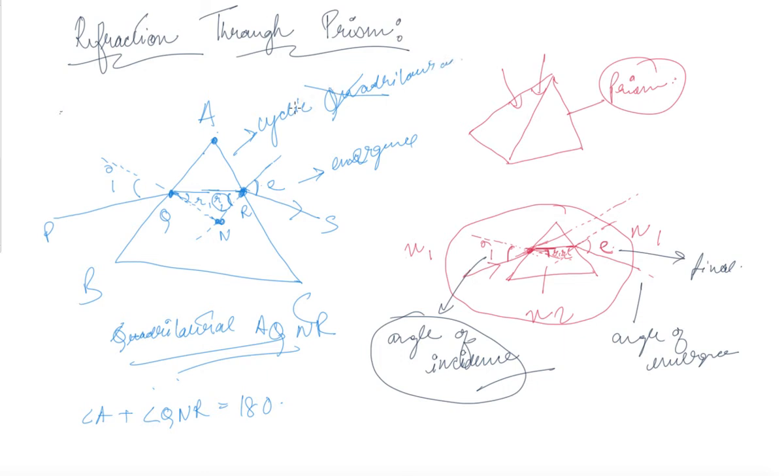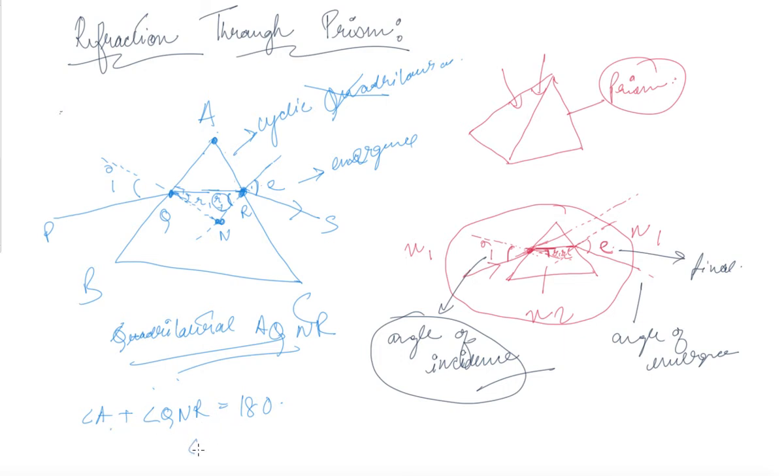If you ask me why, angle AQN, because we are drawing a normal to this line AB, is 90 degree. Similarly, the opposite side, angle ARN, we are drawing a normal, this is also 90 degree. So if this and this is 90 degree, then the opposite angles should also sum to 180 degrees. So angle A plus QNR is equal to 180 degree.